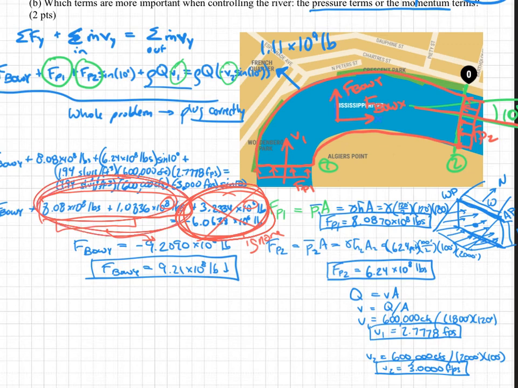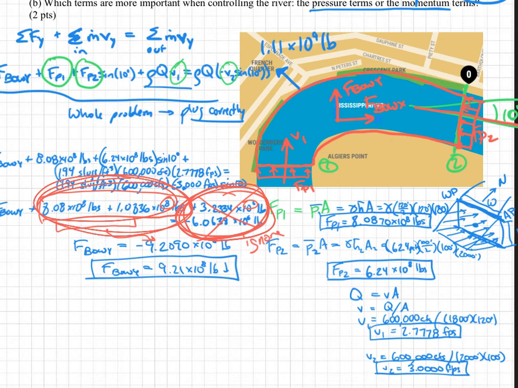Now keep in mind that in a big flood, we could redo this problem, and what's going to happen is during a big flood, the river might get, I don't know how much deeper it gets downtown New Orleans, but maybe it gets 10 feet deeper. Let's just imagine that. So these numbers go from a depth of 100 feet to 110 feet, and the other one goes from a depth of 120 feet to 130 feet or something along those lines.